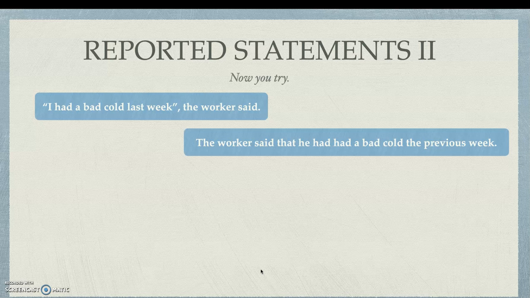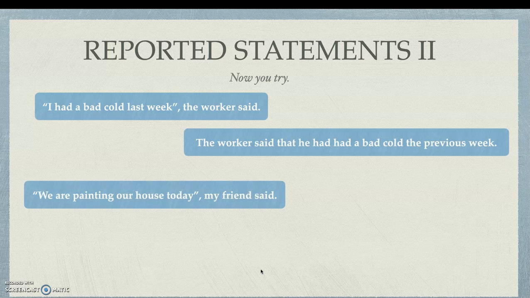So I becomes he. The past simple had becomes had had, a past perfect. A bad cold doesn't change. And last week becomes the previous week or the week before.